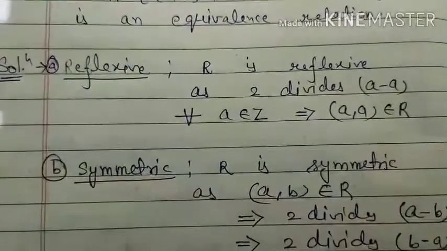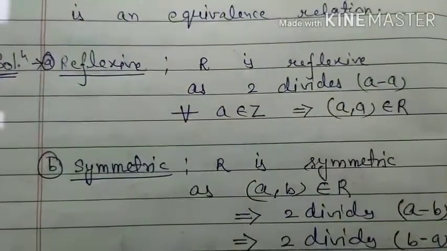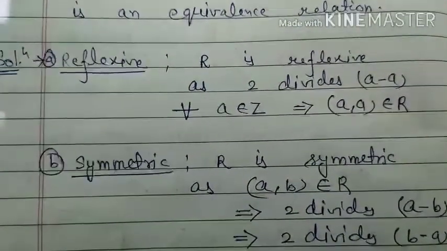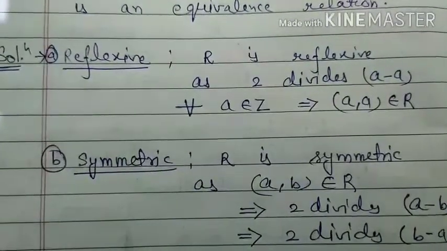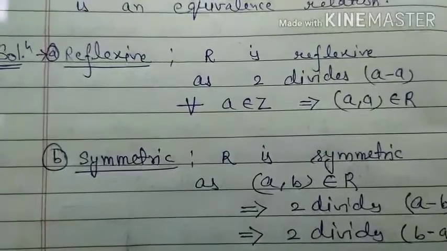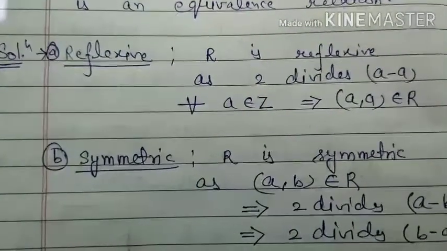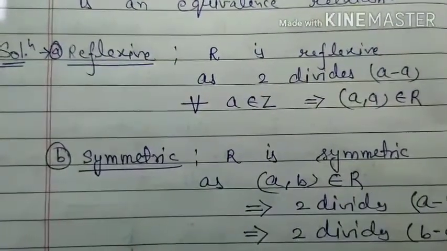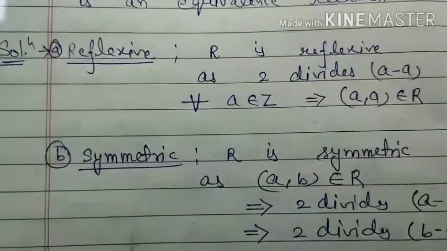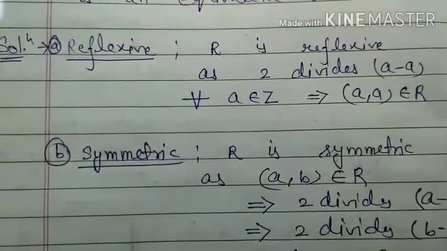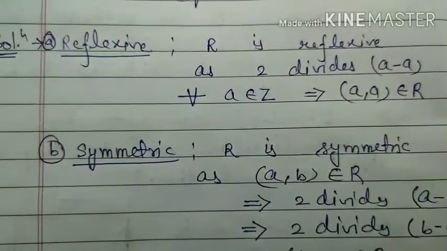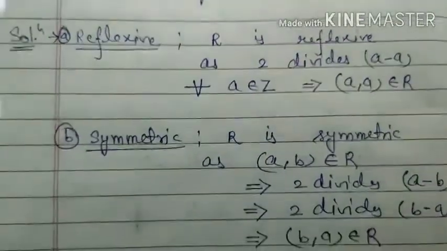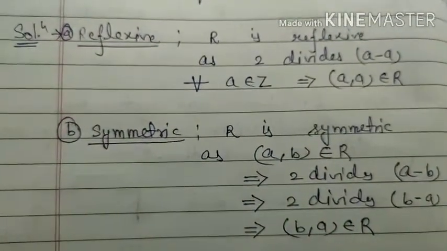Now see the solution. Reflexive. R is reflexive as 2 divides a minus a. As you know, a minus a is 0 and 2 can divide 0. For every a belonging to integer Z, it implies that (a, a) will belong to R. Similarly, symmetric.